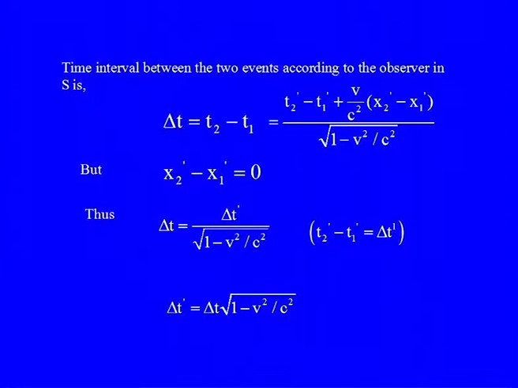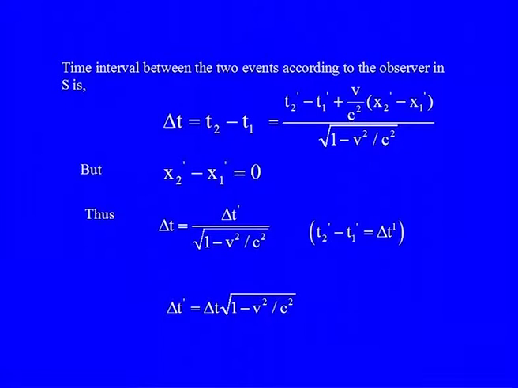So what will that give us? That will give us that this is delta t prime. We have defined delta t prime as the time difference as measured by the observer in the S prime frame. Remember, the S prime frame is the one in which the person sitting in this train carriage is looking at his watch.